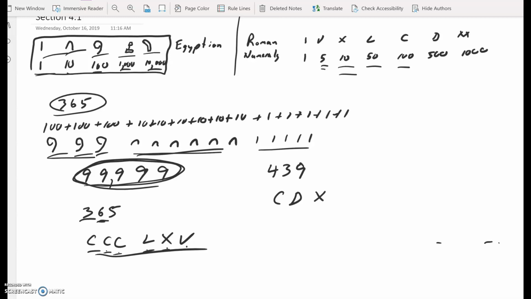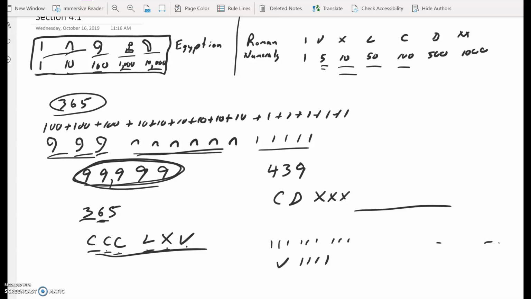And then we need 30, and that's 3 X's. But now we need a 9. So we have 430, but we need to put some stuff here that will give us 9. And how can we do 9? Can we do 9 ones? No, we can do at most 3 of those. Can we do a 5 and 4 ones?